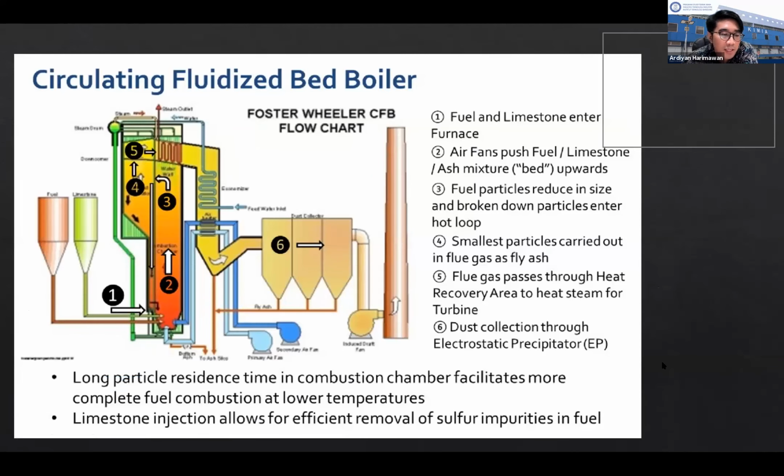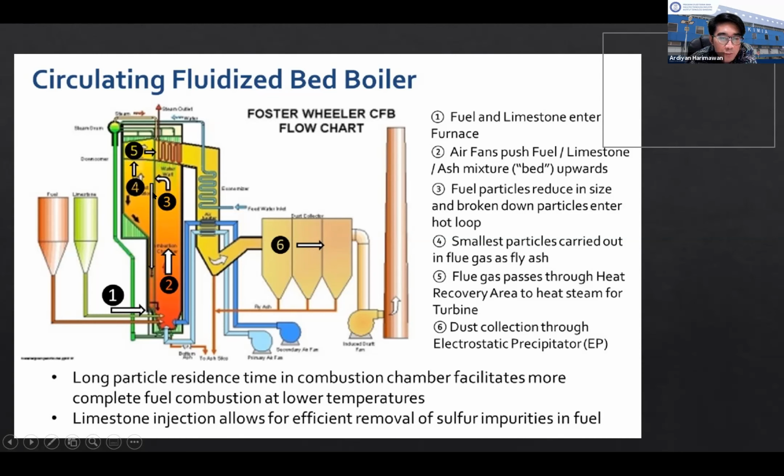So in the boiler, you can see the steps of the process. The fuel and also the limestone. The limestone, which is CaO, will enter the furnace in step 1, and then in step 2, the air fans will push the fuel, limestone, and ash mixture upward, and then fuel particles reduce in size and are broken down into particles to enter the loop.